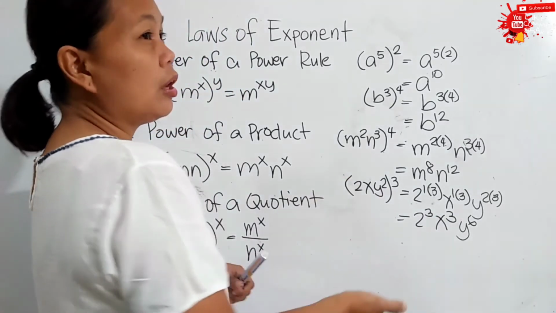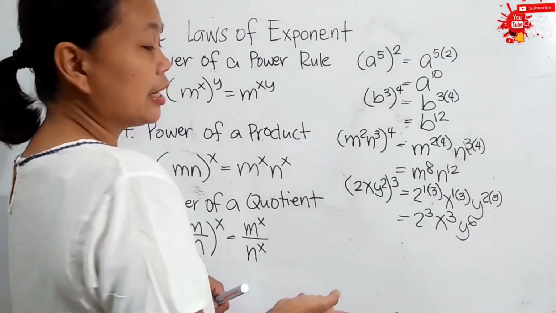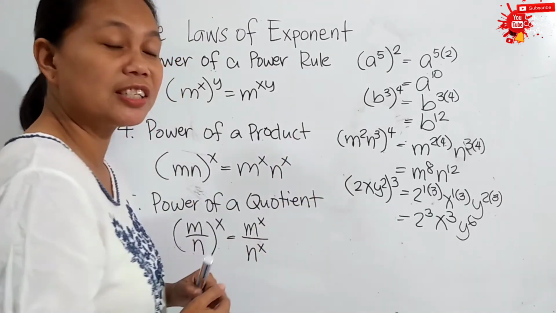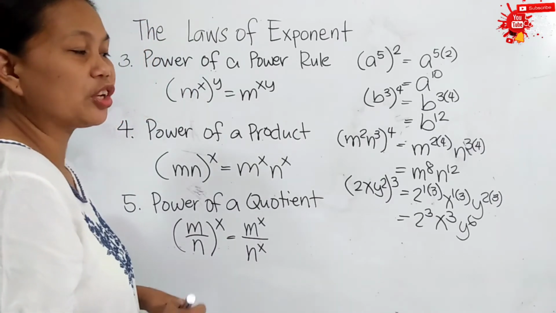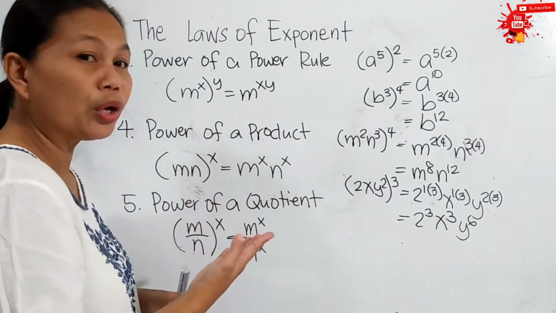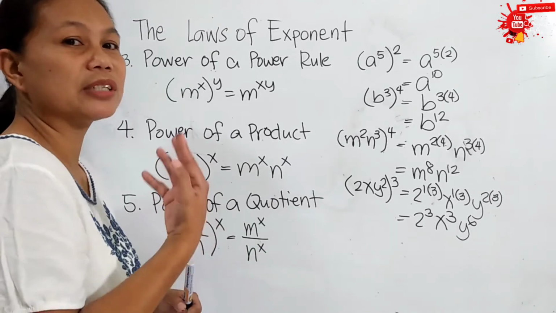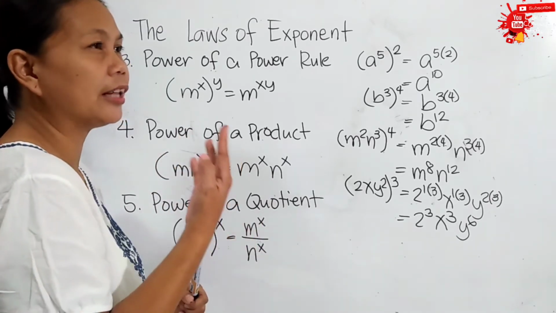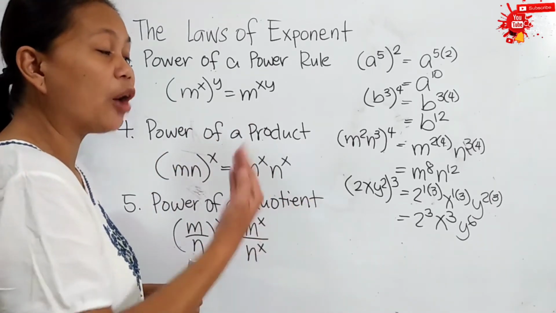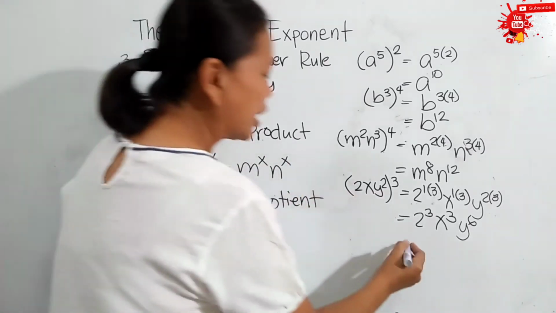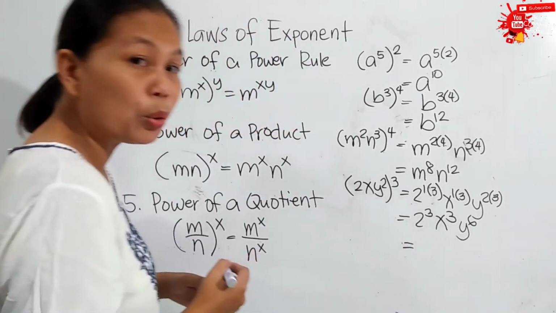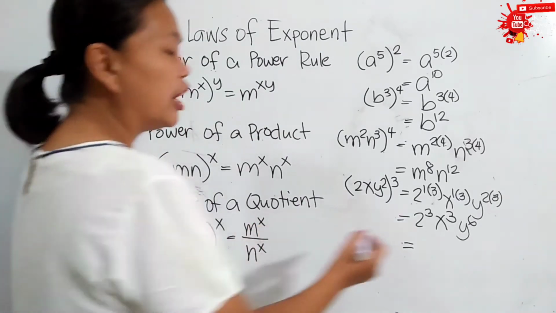So again, we recall this in the first part of this video. What is the simplified form of 2 cubed? It means that it is 2 times 2 times 2. The exponent tells you how many times you're going to multiply the base to itself. So what is 2 times 2 times 2? We have 8.